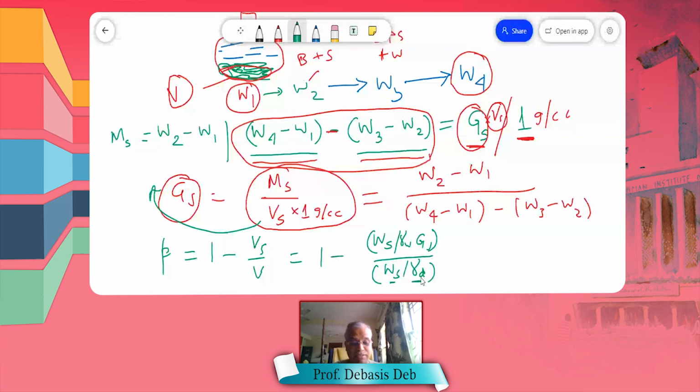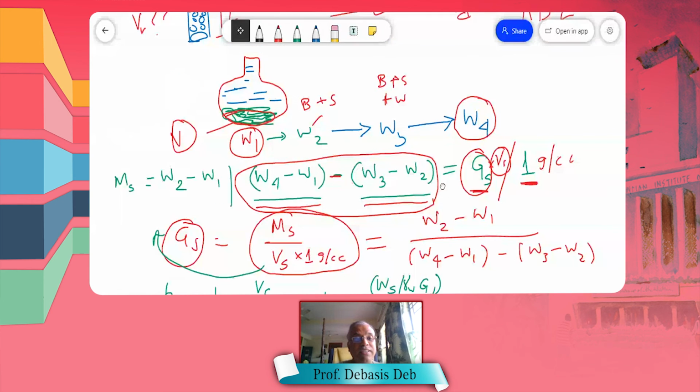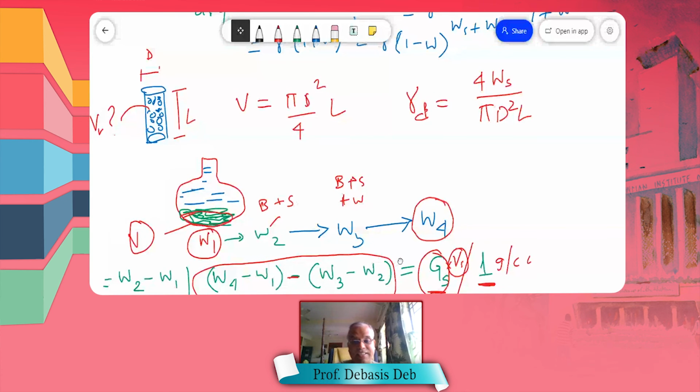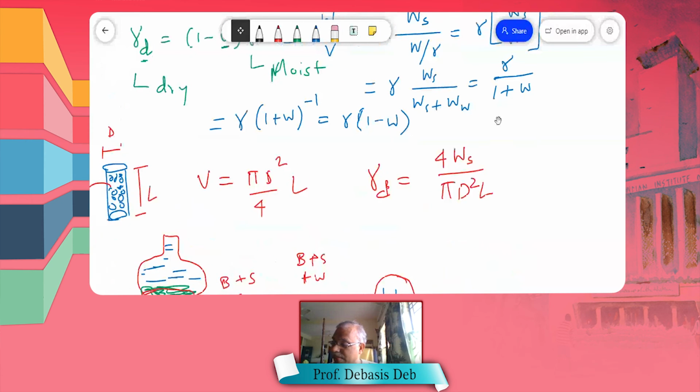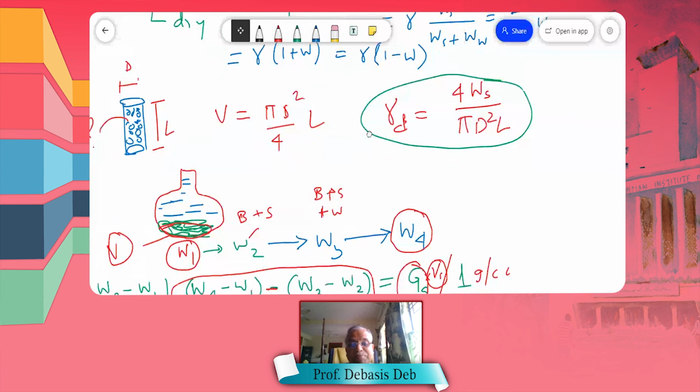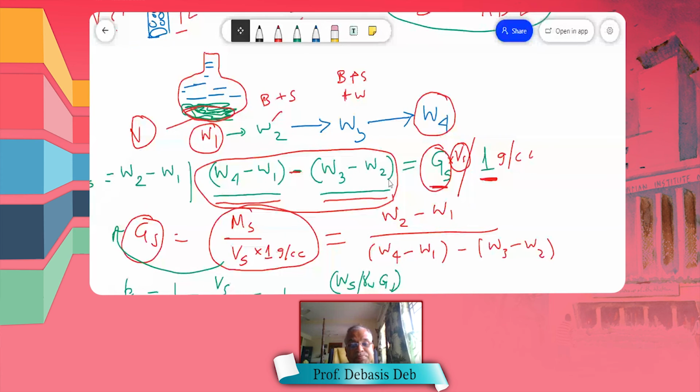Now what is gamma d? I showed you, but that is that sample. Let me show you here. This sample thing we have already done here. You see here, we have already done. This is prior to crushing the sample. You must have calculated this. Okay. So once you have this, then it is very easy, isn't it? Then porosity becomes.